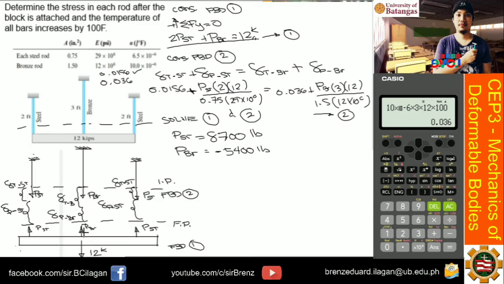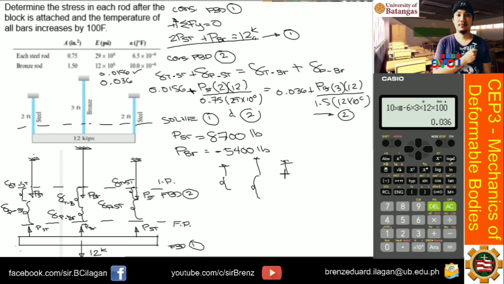Okay, so because of that, kung tutusin naman, di ba kapag sinusuportahan to ng rod, tama naman na laging tension to lahat. So mali pala. So kung i-drawing mo pala siya ng tama, ganito pala dapat yung magiging itsura niya. Since mas mabilis ngang humaba si bronze because of temperature, so sabihin natin ito yung magiging temperature niya na.